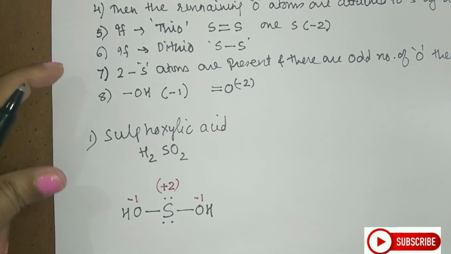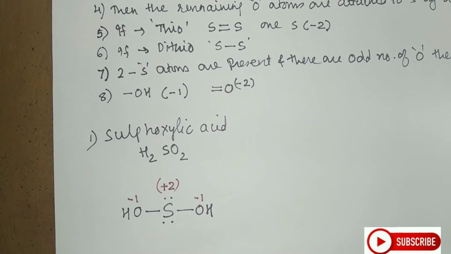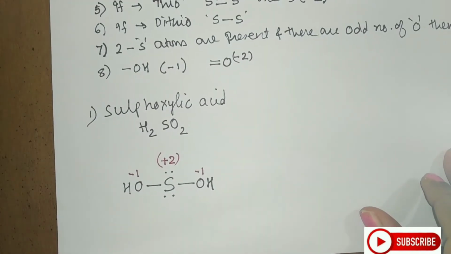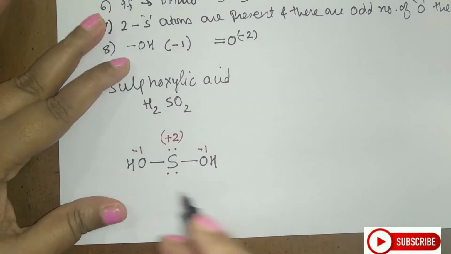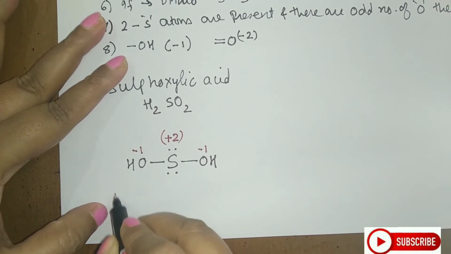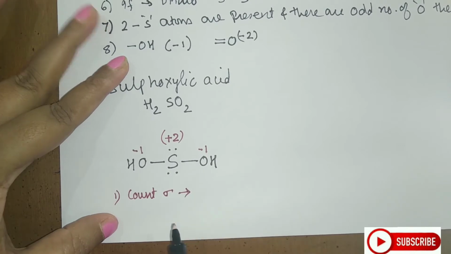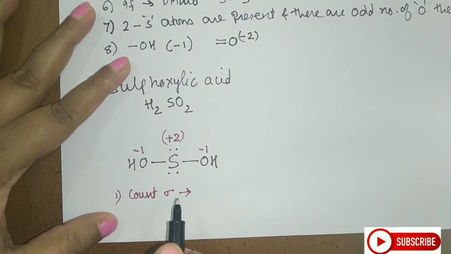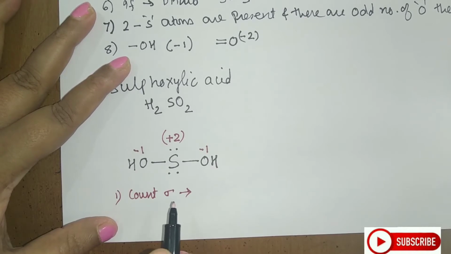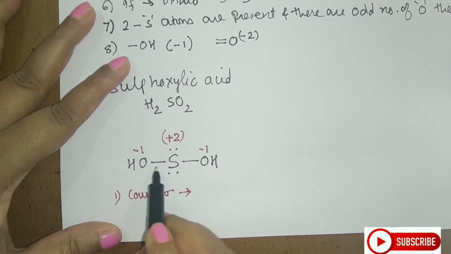Now, let us see the type of hybridization on sulfur in this acid. Now, how to calculate the type of hybridization? For that, you have to count the sigma bonds that the sulfur is exhibiting. Students, we never consider the pi bonds because pi bonds are not involved in hybridization. So, the number of sigma bonds formed here is 2.